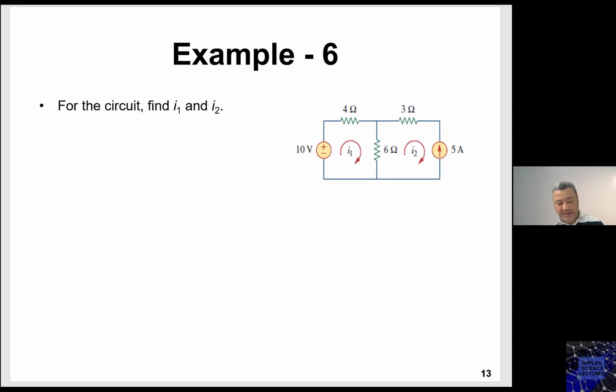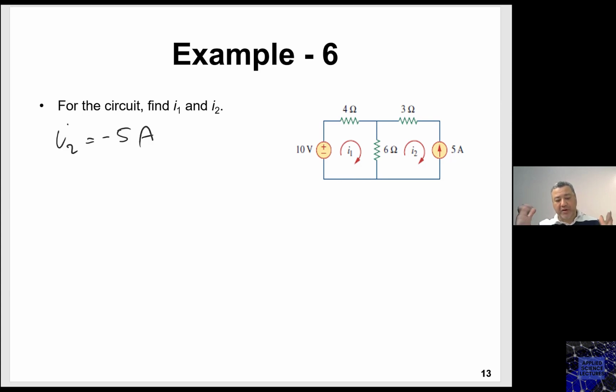Yeah, so in this example here, you need to find I1 and I2. Again, I have a current source here, then I2 becomes known right away. So I2 now is minus 5 amperes.